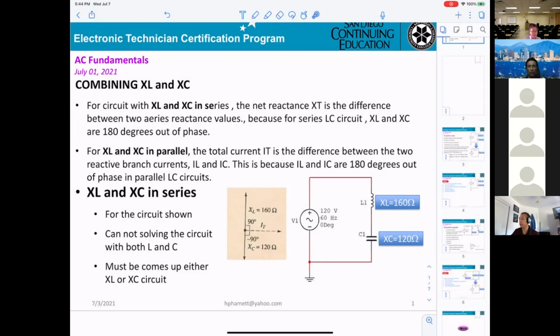Now what we want to do is come up with either an XC or XL circuit. They can be either XC or XL. They cannot be both.